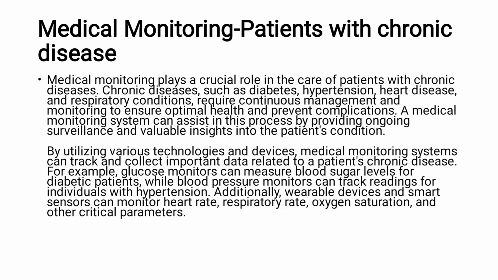It tracks and collects the important data related to the patient's disease. For example, a glucose monitor measures the blood sugar level for a diabetic patient, while a blood pressure monitor checks the blood pressure for patients with hypertension.